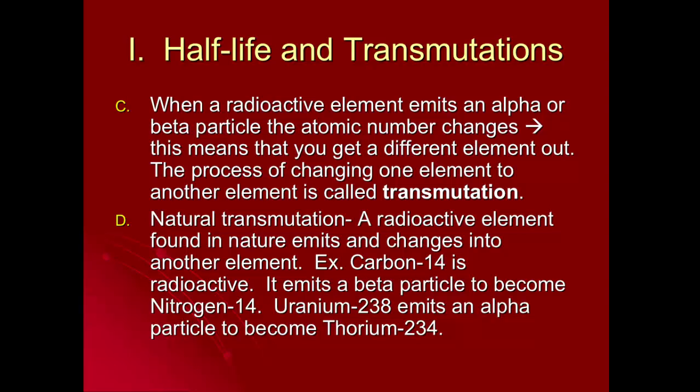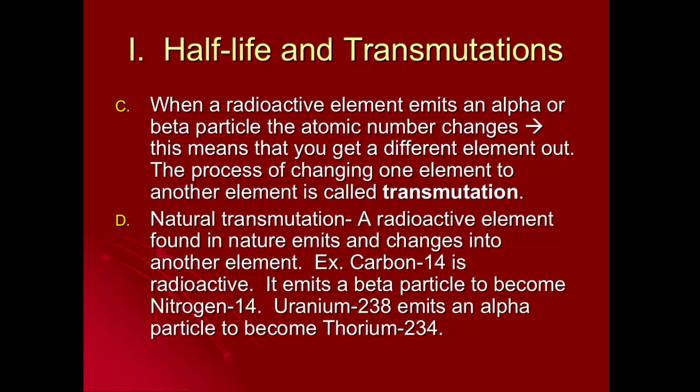We have natural transmutation. There's a lot of radioactivity found in nature, and when they emit, they change into another element. So for example, carbon-14 is radioactive. And when it emits a beta particle, it's going to move 1 to the right, and you get nitrogen-14. And that's what we actually use in our carbon dating, and we'll talk about that a little later. Uranium-238 emits an alpha particle.